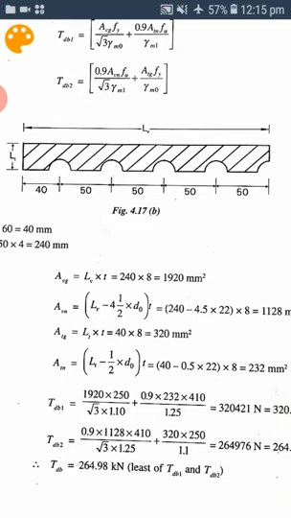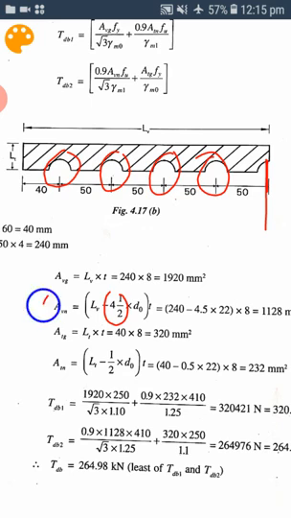Let me mark here: 1 full bolt, 2, 3, 4, and 4.5. So 4.5 bolt holes are cut, and that 4.5 is taken here as 4 into 1 by 2 into DO into thickness. That is the net area.